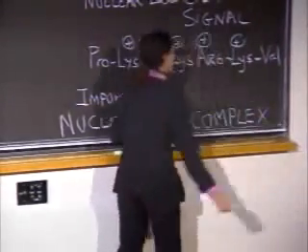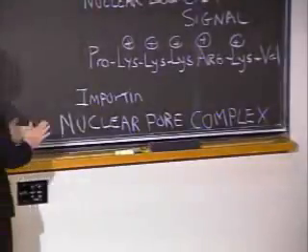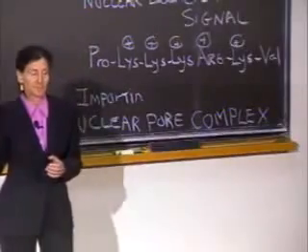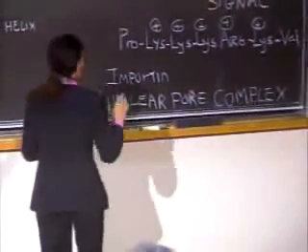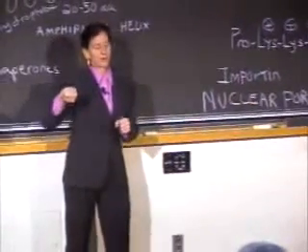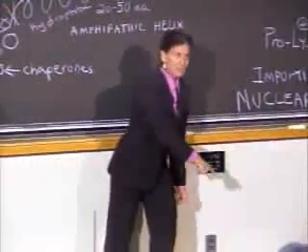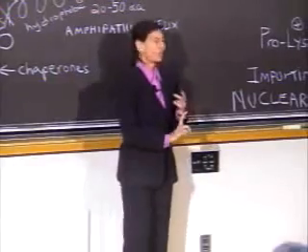And it's permeable to ions, but not to proteins unless they're carried in on an importin. Now, there's no energy required to get the importin, bringing in the nuclear protein, into the nucleus. But for the importin to get back out into the cytoplasm, it requires the hydrolysis of GTP.